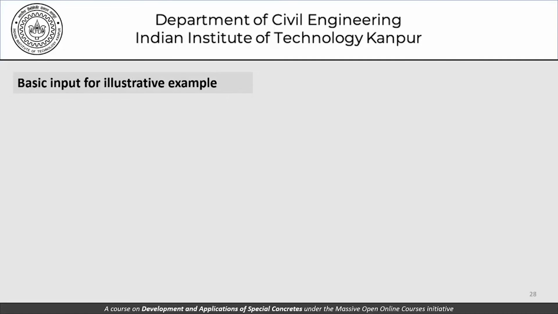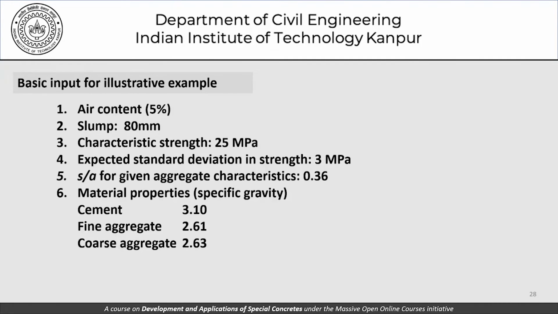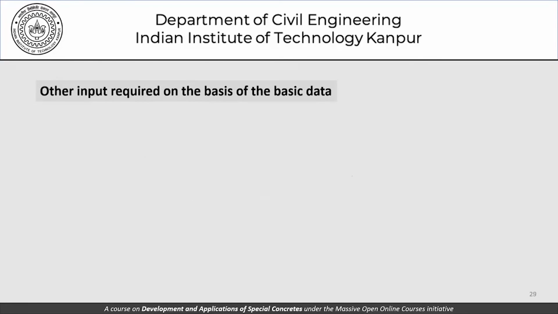The basic input for the illustrative example: air content 5%, slump 80 mm, characteristic strength 25 MPa, expected standard deviation of strength 3 MPa, S by A for the given characteristics of the aggregates 0.36, and material properties in terms of their specific gravities is known to be 3.1, 2.61 and 2.63 for the cement, fine aggregate and the coarse aggregate.